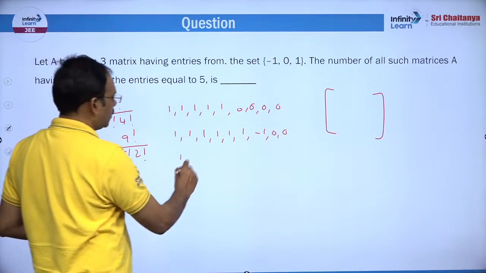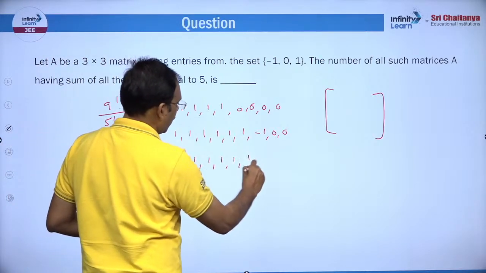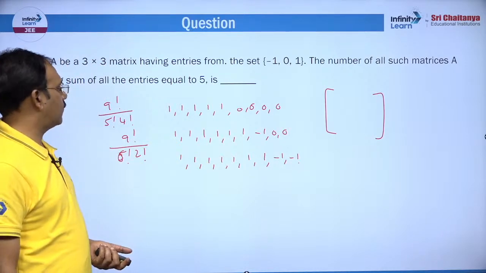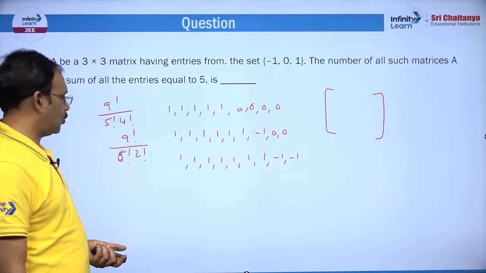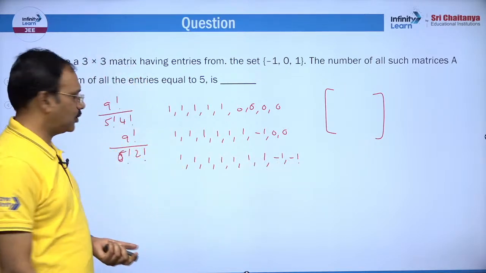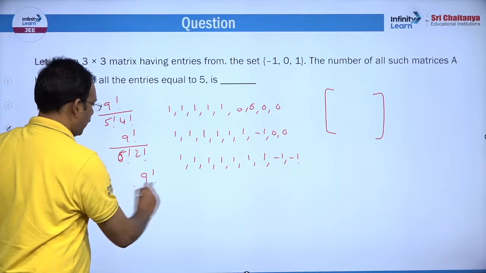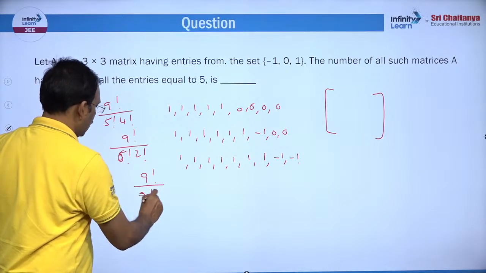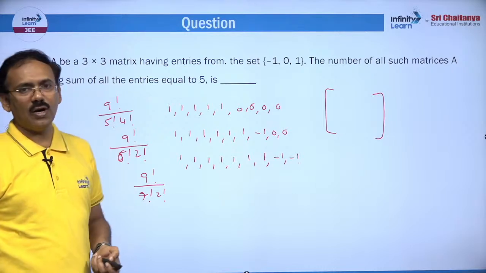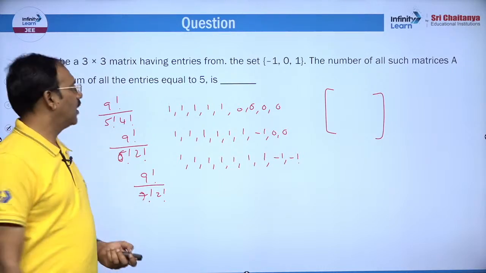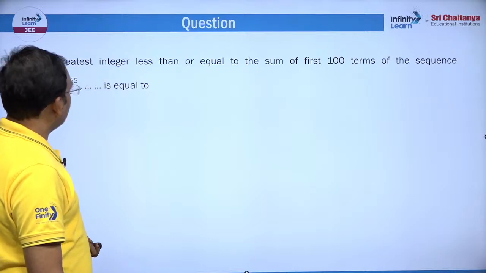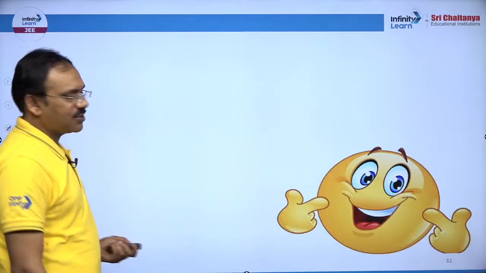You can also put 7 ones and 2 minus ones. So this is 9 factorial by 7 factorial into 2 factorial. Okay. Like these combinations, you just go through and you can do, my dear students. Okay. So yeah, here also sequence and series related questions you can do.